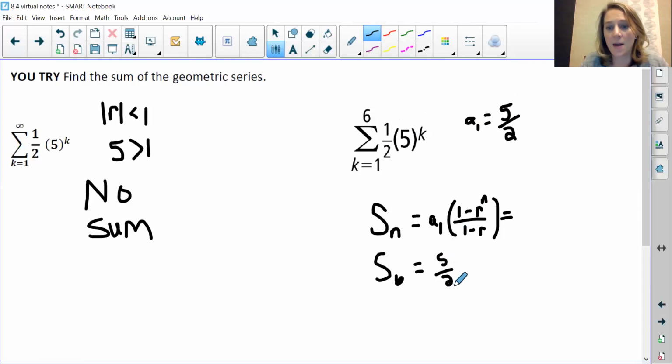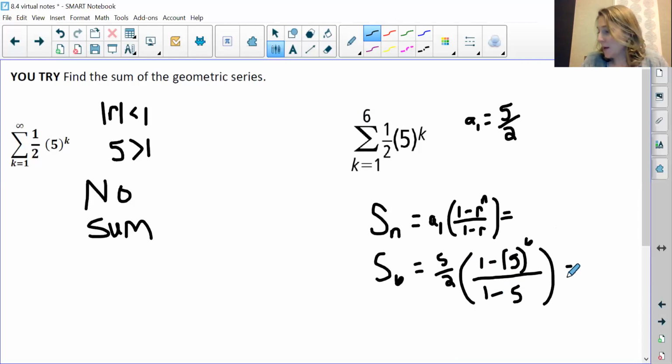And then I can multiply this by 1 minus, our rate this time is 5 to the 6, because we have 6 terms going on here, right? 1 to 6, over 1 minus 5 again.